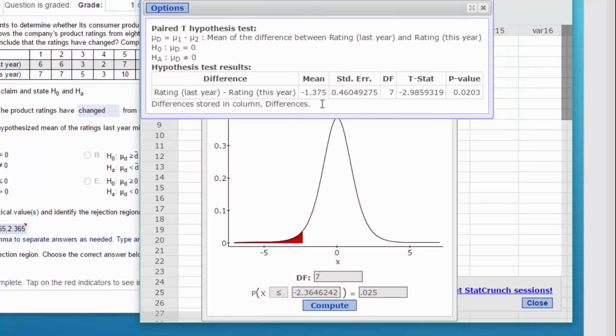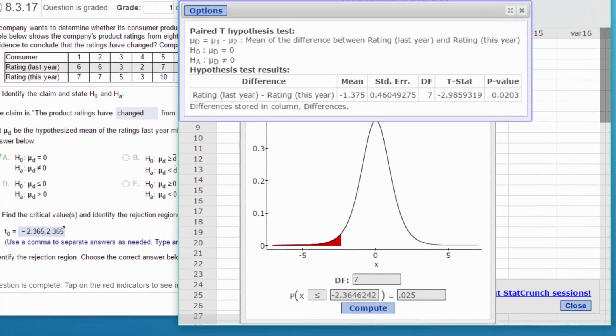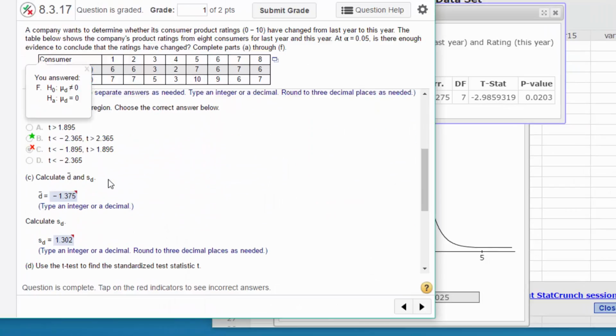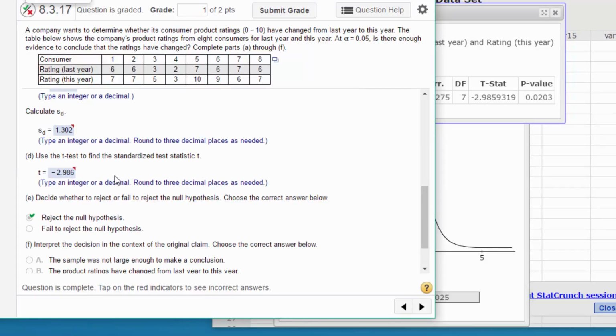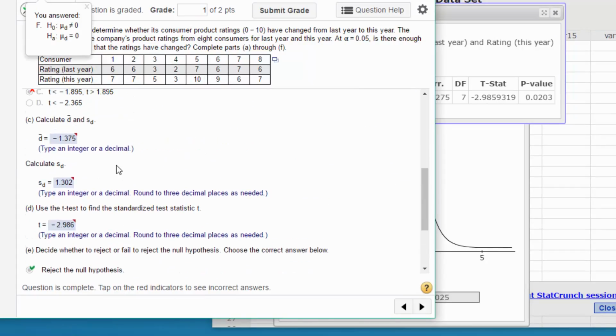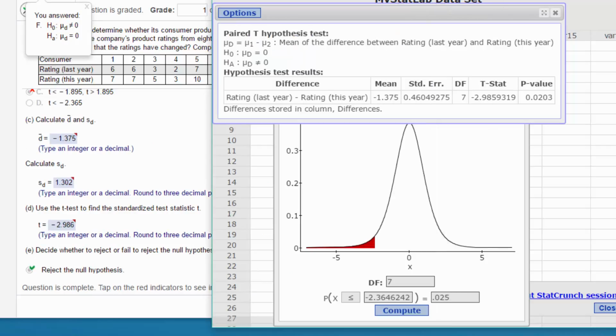We get our mean difference, which is minus 1.375, and let's scroll down to the next answers there. That matches. Our mean difference, d bar, is minus 1.375. We need our S sub d, which is the standard deviation of the differences, and that's the reason we saved those differences a minute ago. But let's go ahead and look.